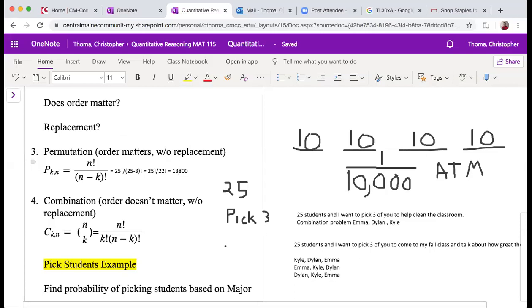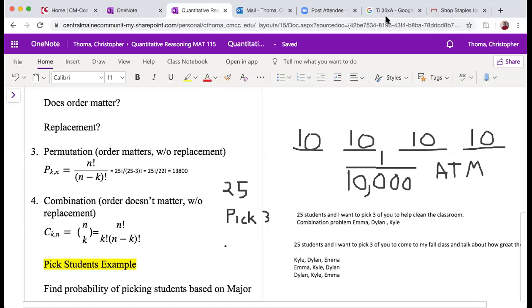So I just did it on my calculator and I got the same answer. So you're hitting nPr and not the factorial symbol? Correct. I did use the factorial key as well.